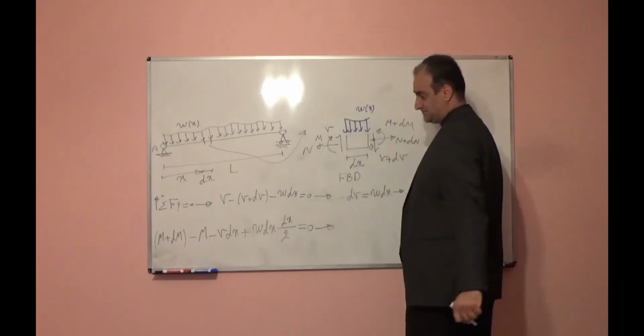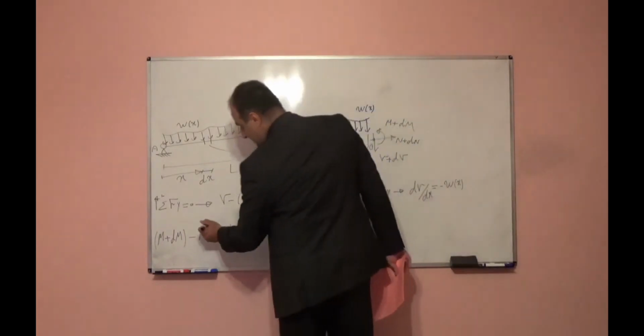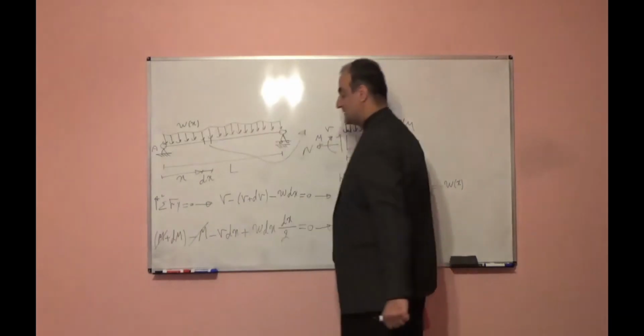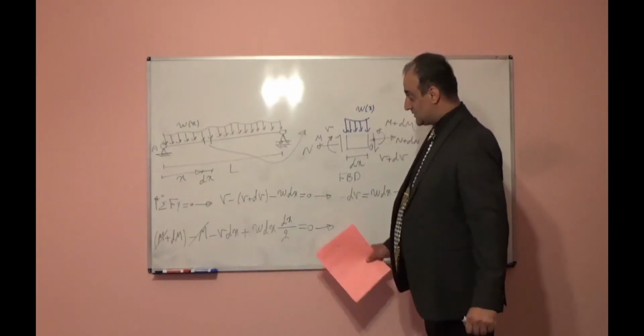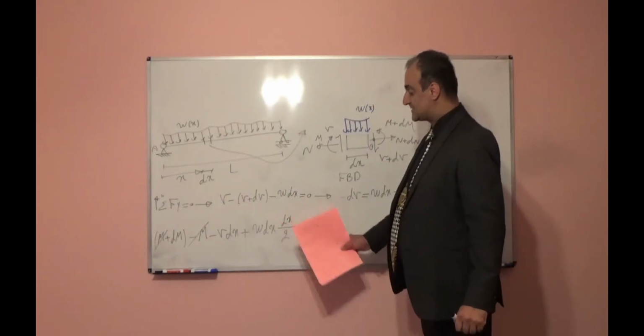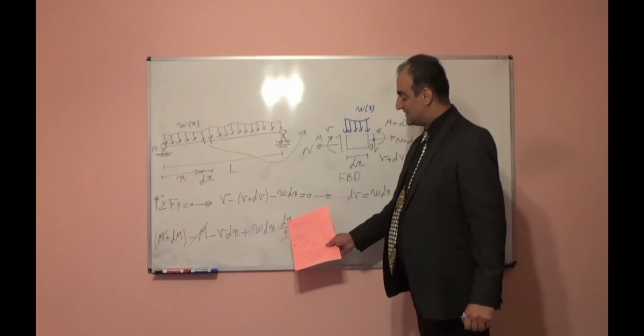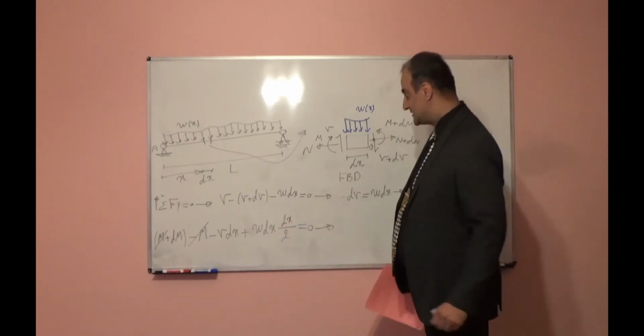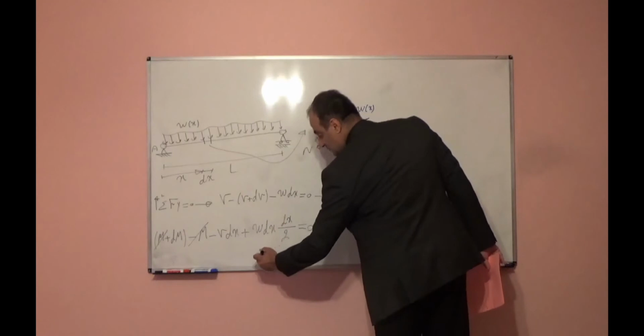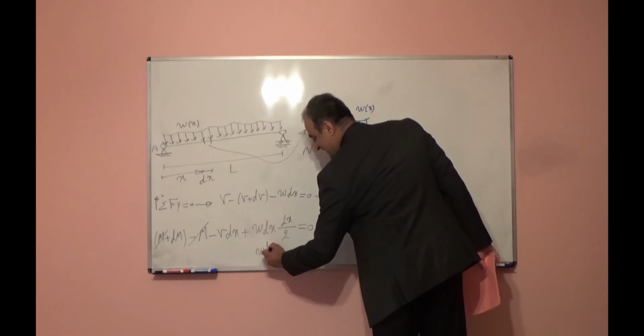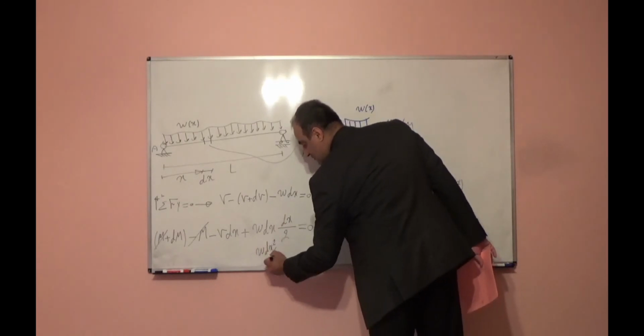From here, m and m cancel each other. The term w times dx times dx over 2 will be equal to w dx squared over 2.